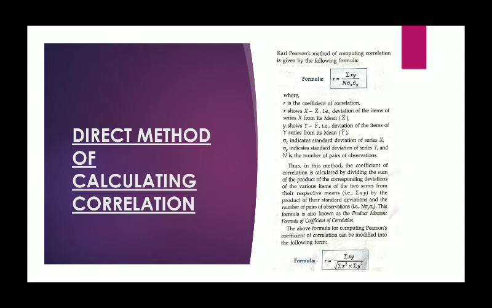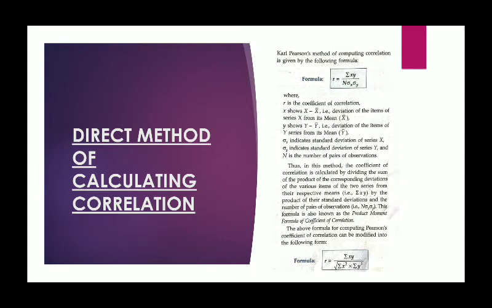Using this formula, we can simply calculate the correlation coefficient, and we can simplify and modify this formula to the last one, which is given as summation xy divided by the root over summation x square multiplied by summation y square. This is a simpler, modified method, so we do not need to separately calculate the standard deviation of the two series as is required in the first formula.